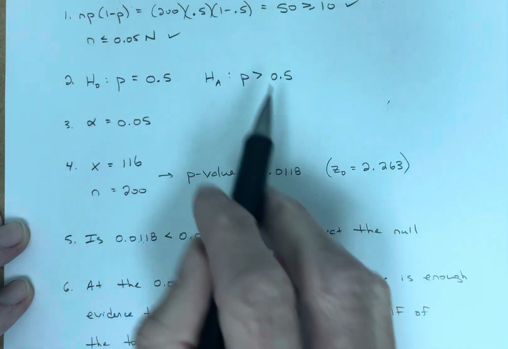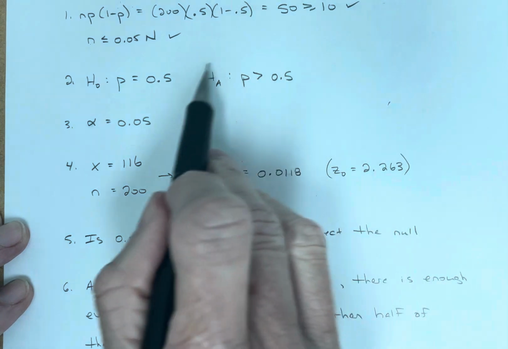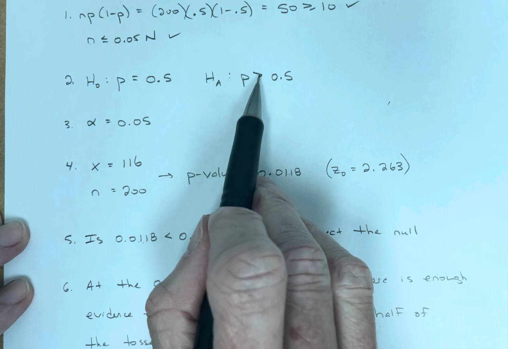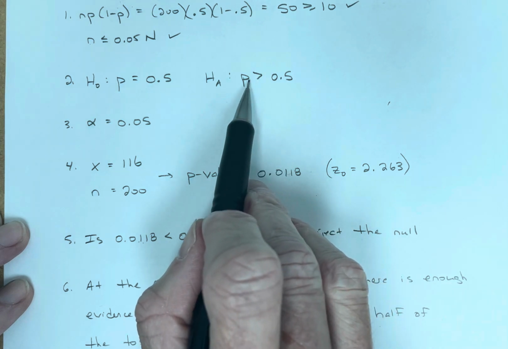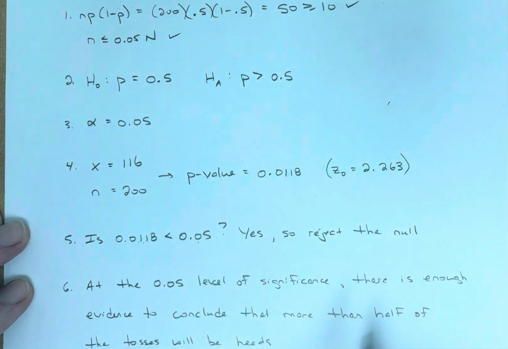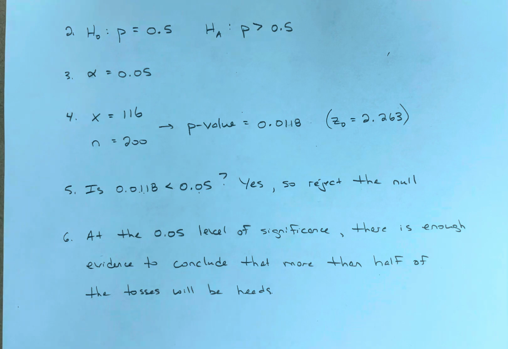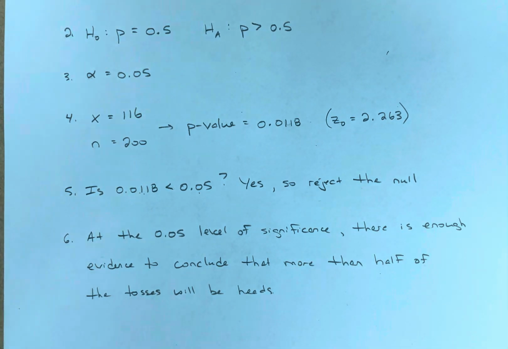As a reminder, our conclusion is based upon the alternative hypothesis. The alternative hypothesis said more than half, that heads happen more than half the time. So we can conclude that more than half of the tosses will be heads. In other words, this is probably not a fair coin. There is something going on with this coin.